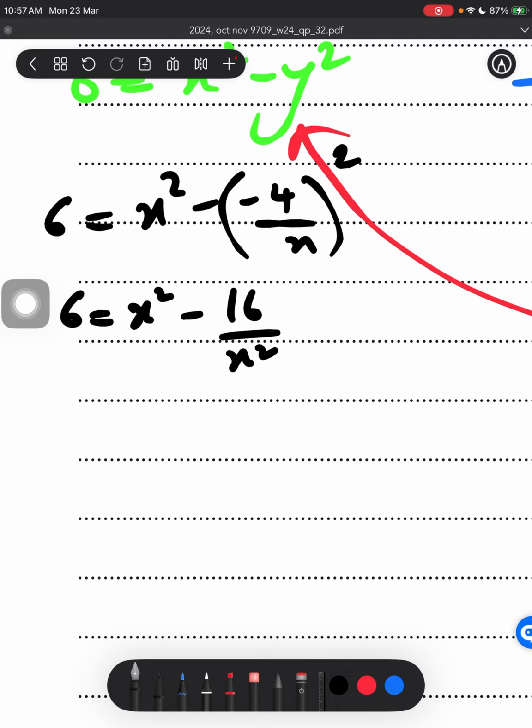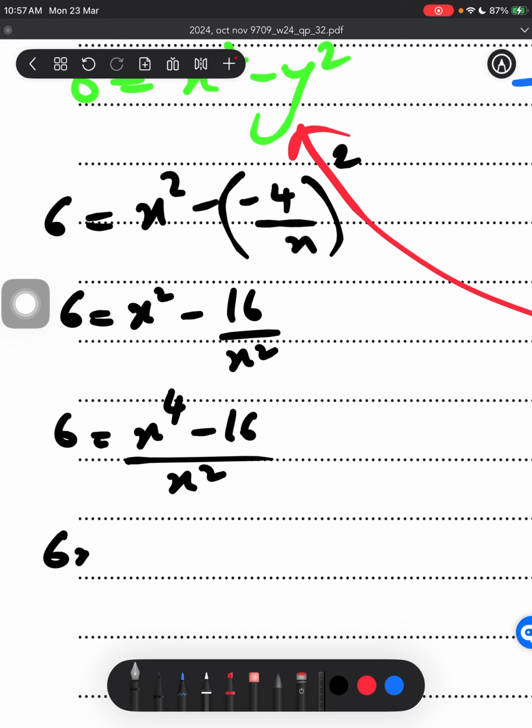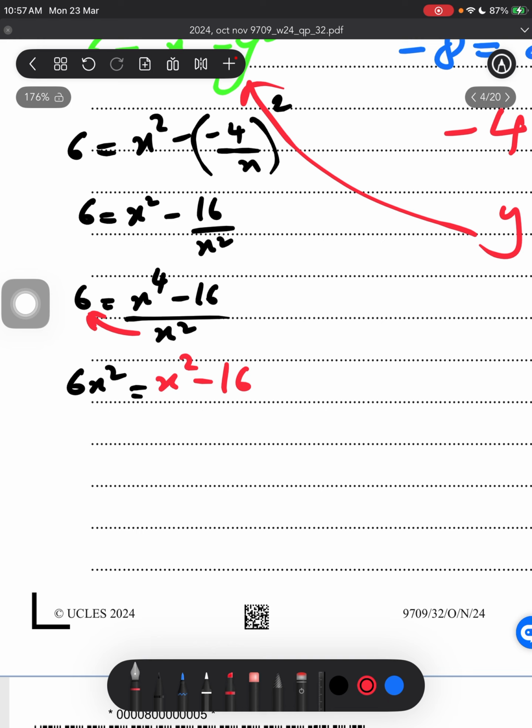This would give us x power 4, this goes here, multiply with this, and you would simply have a quadratic equation.